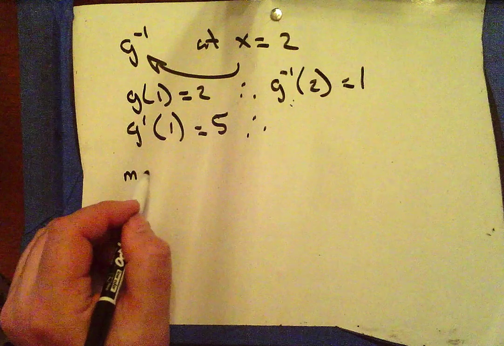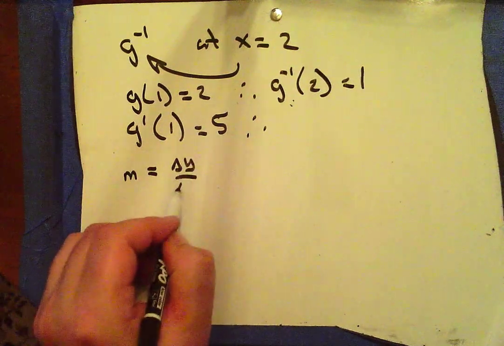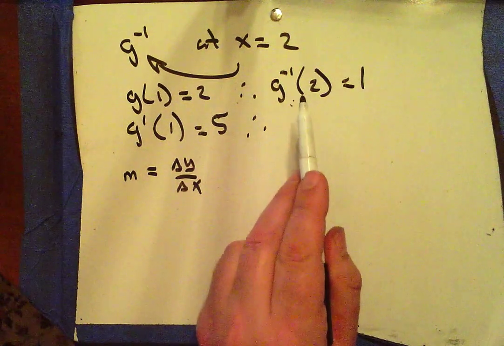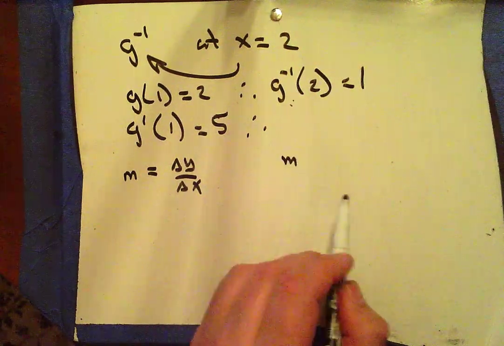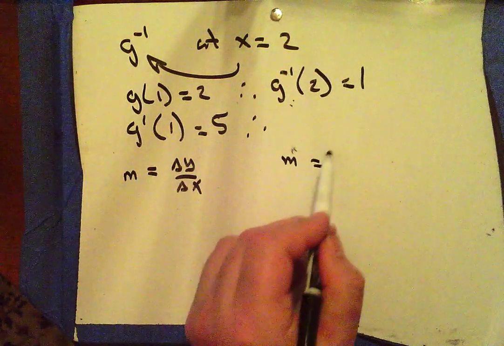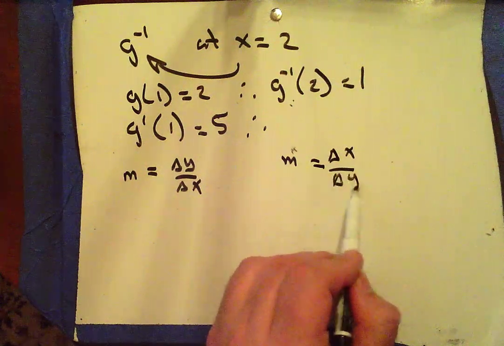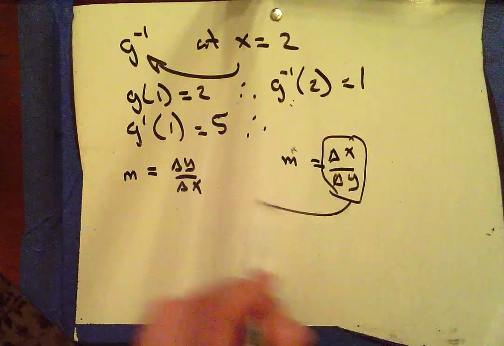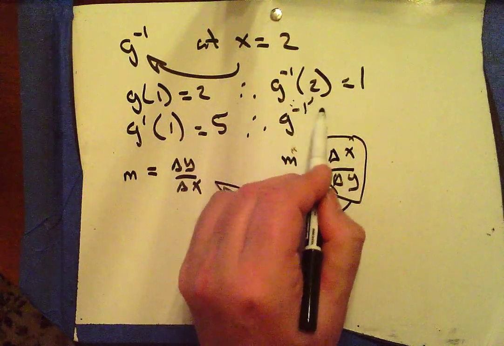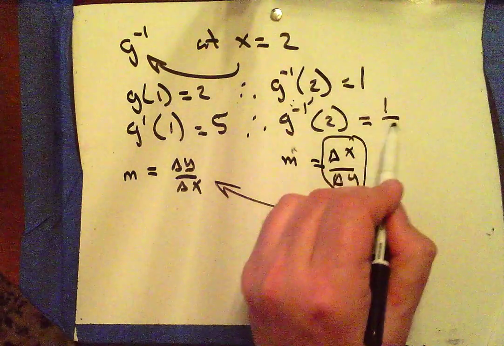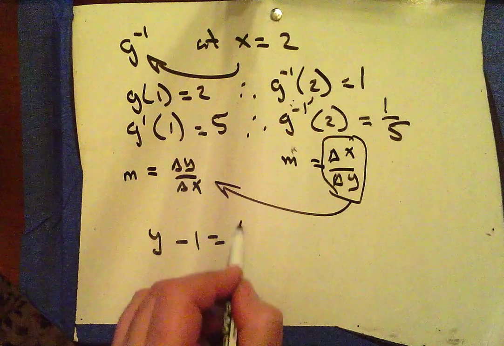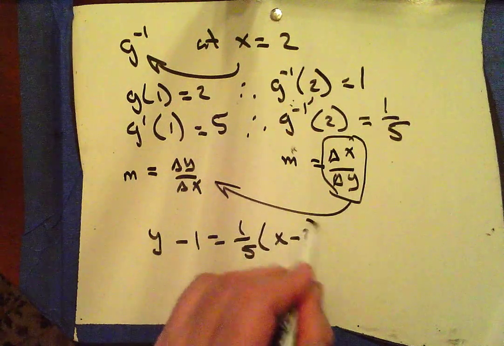If you think of slope as a change in y over a change in x, and then you think about the slope where we switched the x's and y's, the slope on the inverse function is going to be a change in x's over a change in y's, and this is the reciprocal of that. So g inverse prime at 2 equals 1/5. So then I've got y minus 1 equals 1/5 times x minus 2.